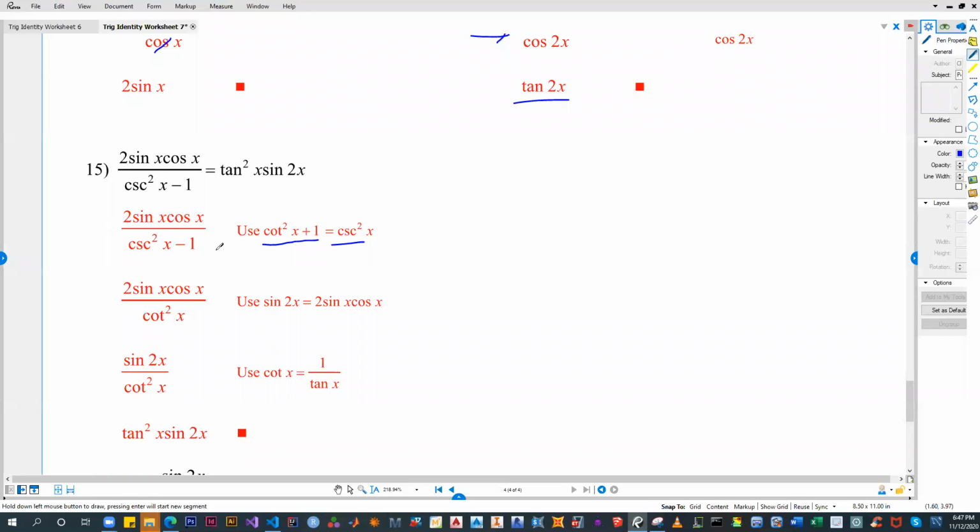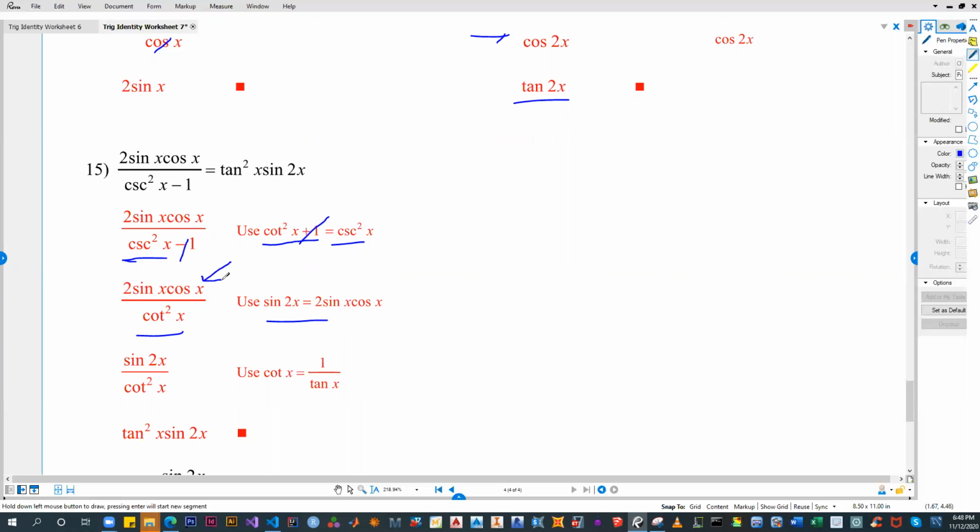And then after that, you just change. When you plug that in here, this cancels with the 1, obviously. And then you get cotangent squared x. And then you apply the double angle on the numerator.